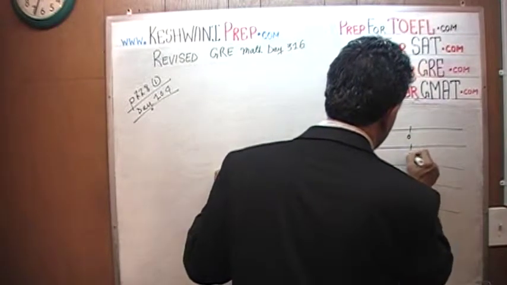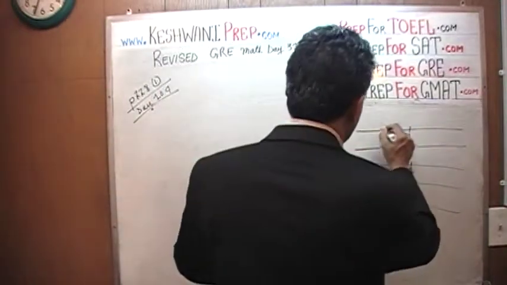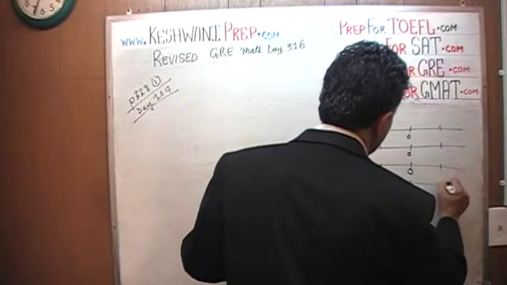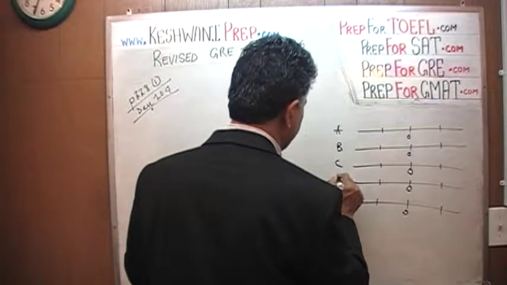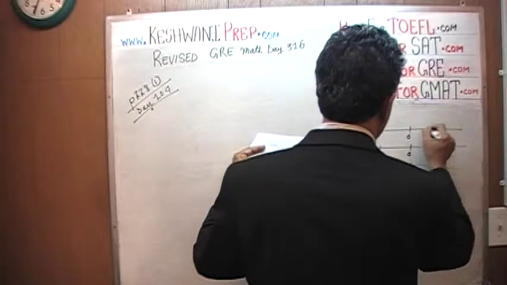These are all our zeros. And then here we go. 1, 2, 3, 4, 5. Then here are the 5 answer choices. A, B, C, D, and E. The first answer choice goes like this.